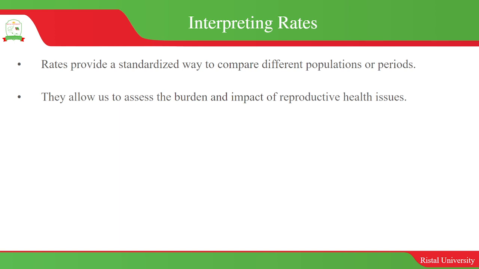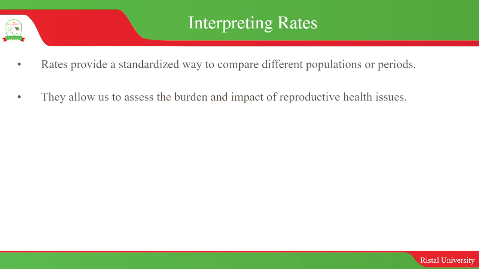Okay, so rates are very, very important because they have that time extent to them, and that allows for comparison in populations. It also gives us a good yardstick for measuring the effectiveness of our interventions.